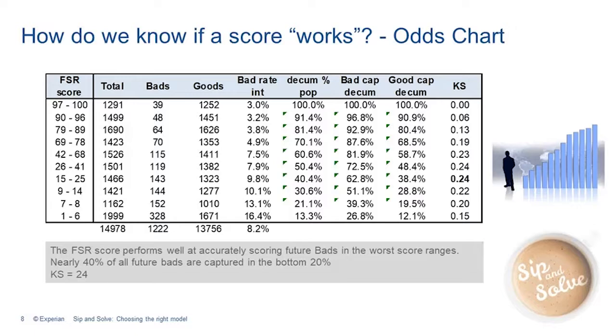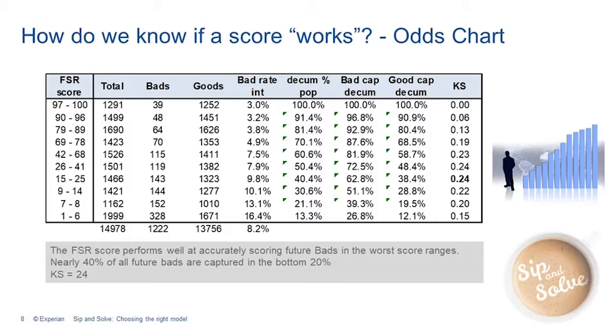Another thing besides KS is right in the middle of this chart, we have what's called bad rate int, which is interval, the bad rate for each interval within each decile. So the top decile, which has the highest scores, 97 to 100 score on the left, with a 3% bad rate, you can see that that interval bad rate increases steadily all the way to the bottom decile with the lowest scoring, scores of 1 to 6, up to a bad rate of 16.4%.